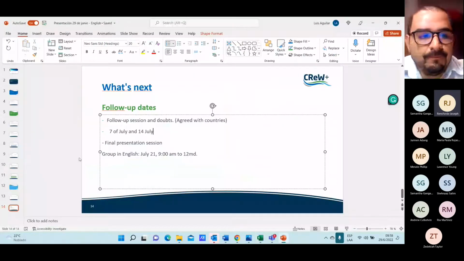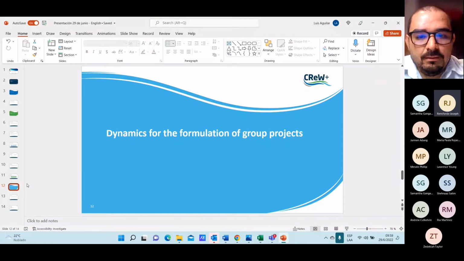So, what is next? Here comes the tricky part of the session. The last part of this session, and also the instructions and the conversation for the next month, is going to be a dynamic for the formulation of group projects.